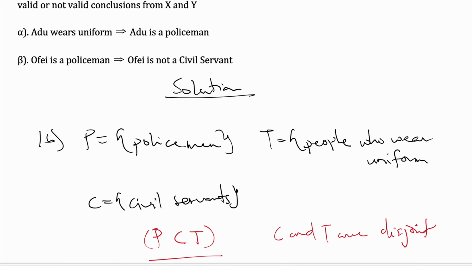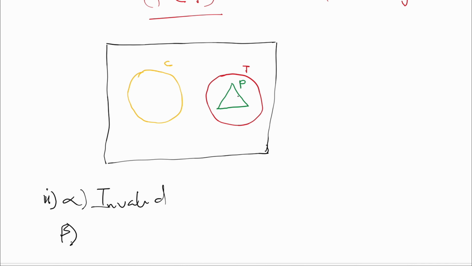So if Ofe is a policeman, Ofe will be here. Now Ofe is not here, can only be here. If Ofe was to be here, the statement would be invalid. But since Ofe is here and these are disjoint, then the statement is valid.